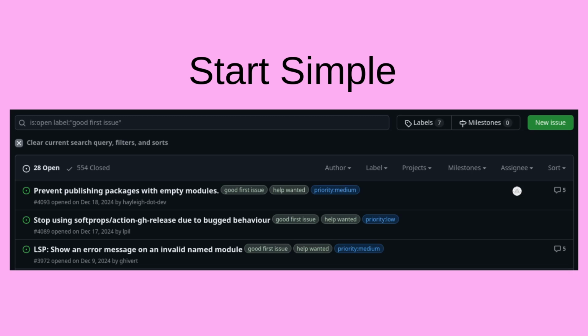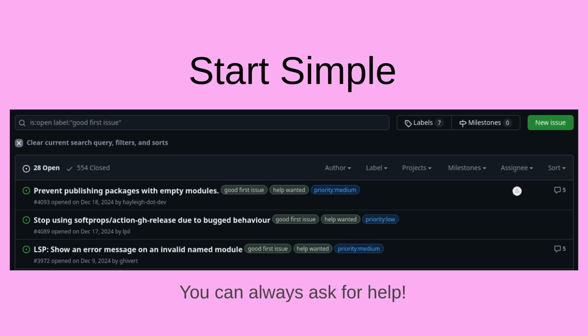There are lots of issues which have been labeled with good first issue, and these are usually changes to one specific part of the code base, or very small changes, which basically only require you to look at a small piece of the puzzle that makes the Gleam build tool and everything work, find one little bit, figure out how that works, and then solve the issue surrounding that.